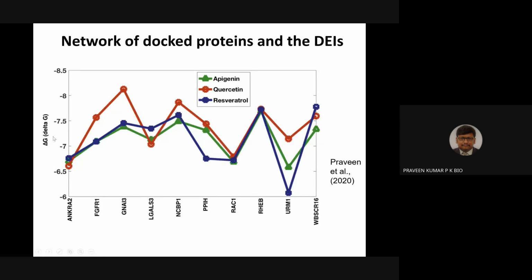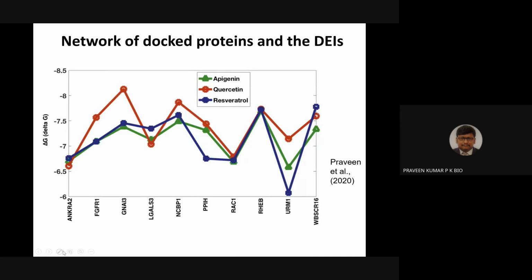I told you, isn't it? You remember the formula? Delta G equals delta H minus T delta S. I told you in the previous slides. So the same, if you see the kind of binding energy.